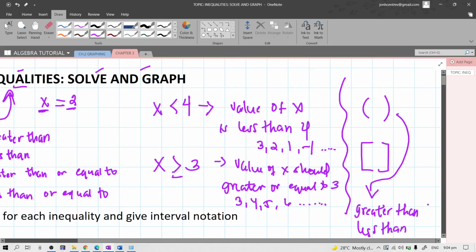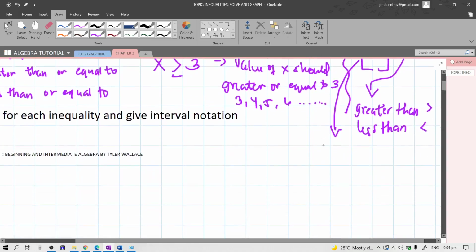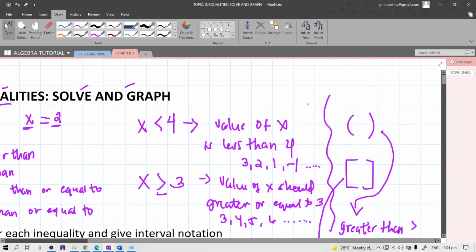Okay? So, then these brackets are used in the symbols of less than or greater than or equal and less than or equal. So, para saan natin gagamitin to? So, we will use this in the graph of or graph in a number line.